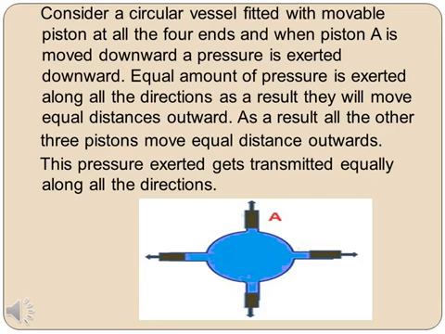Why did this happen? This is due to the equal amount of pressure exerted along all the directions. That is, the pressure exerted gets transmitted equally along all the directions. As a result, they move equal distances outwards.